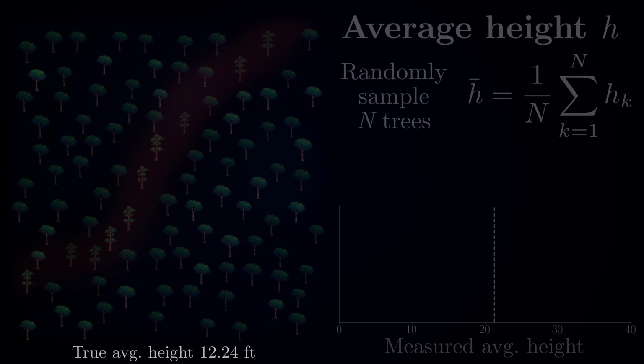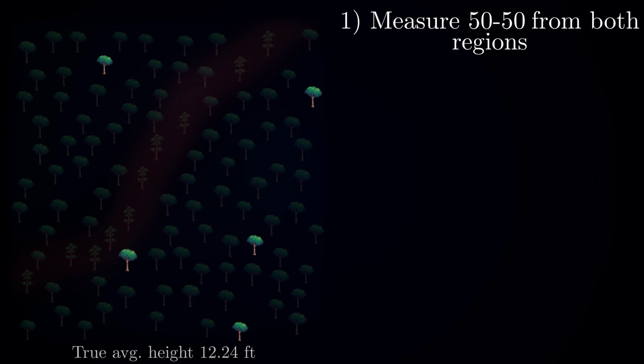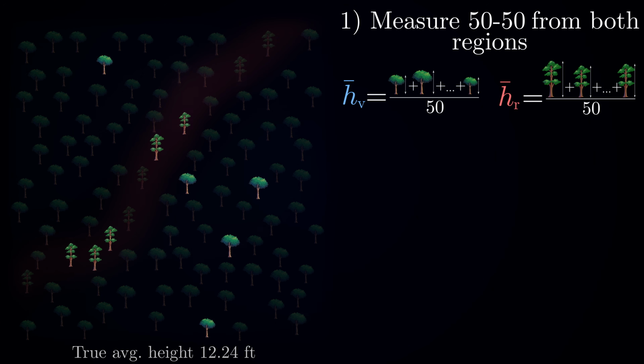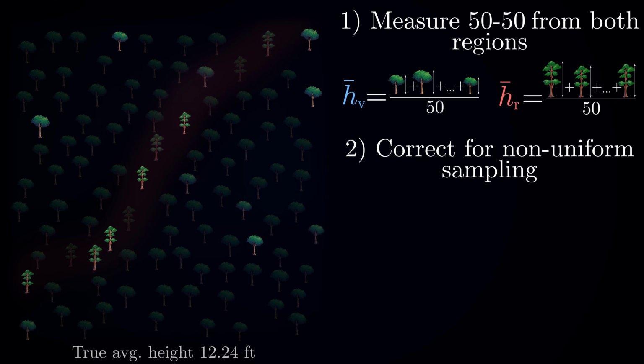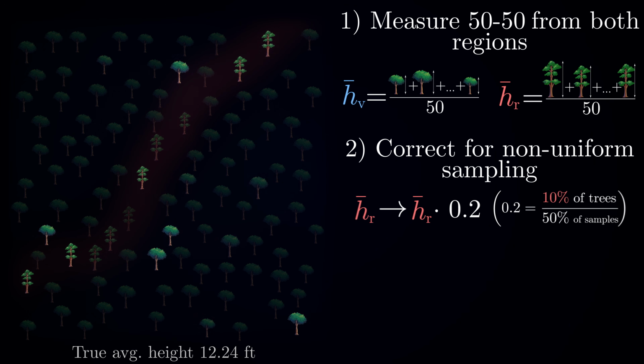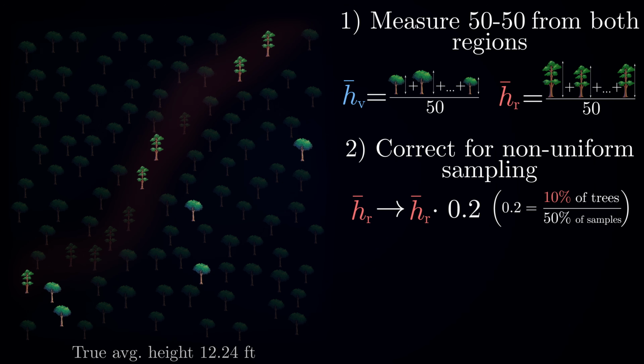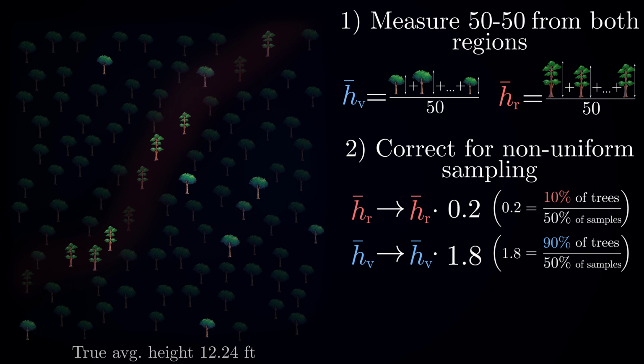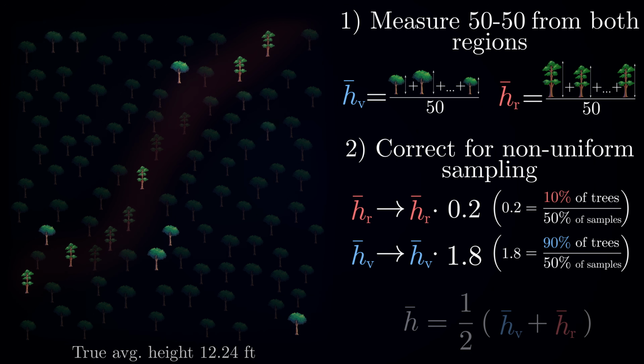But here's an alternative. We can deliberately measure 50% of our samples from the valley and 50% from the ridgeline. Then, to mathematically correct for this biased sampling, we can downweight the ridgeline measurements by multiplying them by 0.2, since we are sampling them 5 times more frequently than their natural occurrence, and we upweight the valley measurements by multiplying them by 1.8, as they represent 90% of all trees, but only 50% of our samples.